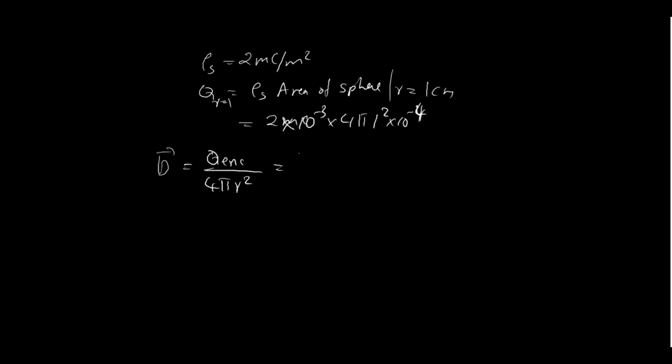So Q enclosed is 0.25 into 10 raised to minus 6 plus 2 into 10 raised to minus 3 into 4 pi into 1 square, which is 1 into 10 raised to minus 4, divided by 4 pi r square.